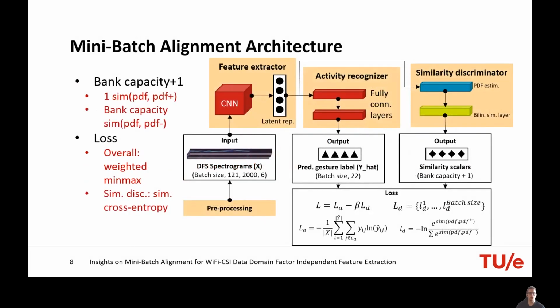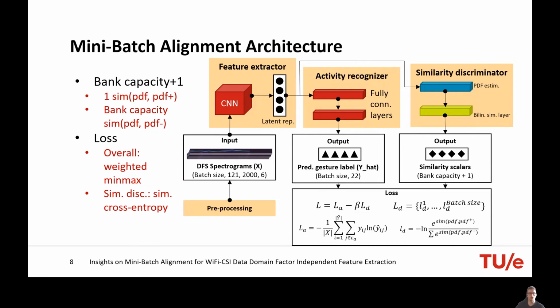So this brings us to the architecture that we have created called mini-batch alignment. Mini-batch alignment is essentially a simple activity recognition system that uses a training phase in order to tune this model, train this model towards being able to predict gestures.